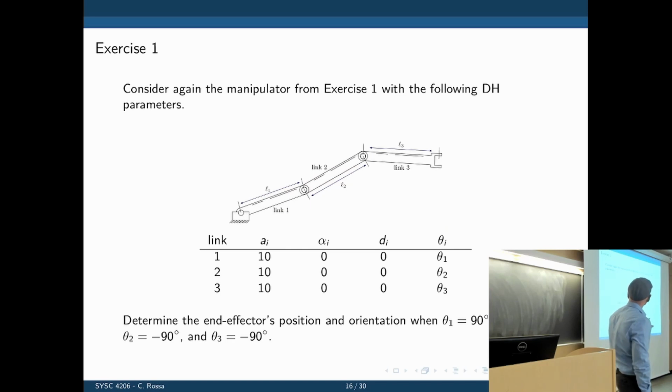We want to find the end-effector position and orientation for those values. So what do we do? We have the parameters here, we found them before, so we just assign numerical values for them. We need to find the 3 transformation matrices. How do we do that?